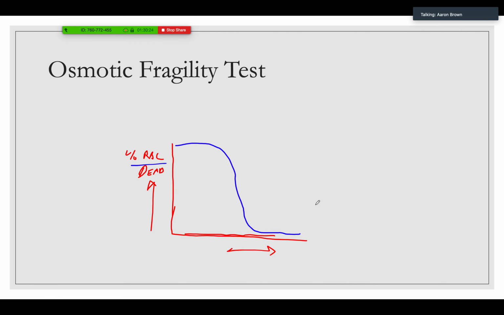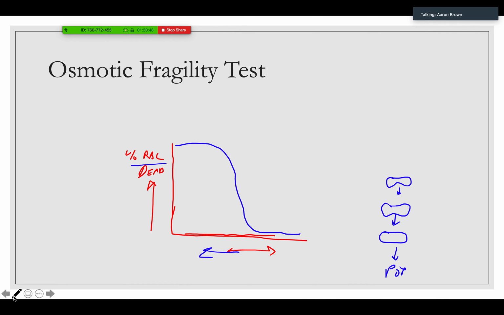And this is for a normal patient. Your red blood cell, as you're getting into more dilute water, is going from this size, getting a little bit fatter, a little bit fatter, and then eventually it's going to pop. And so that's for our normal red blood cells. As you get into less and less concentration of sodium, you get closer to popping.